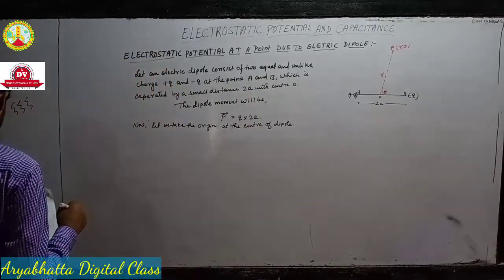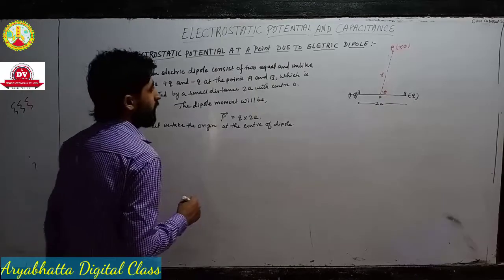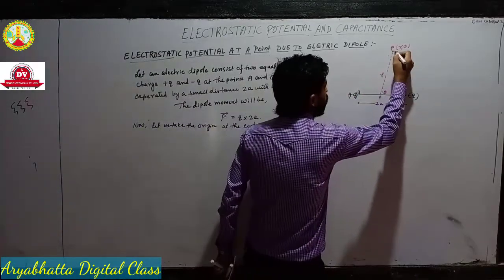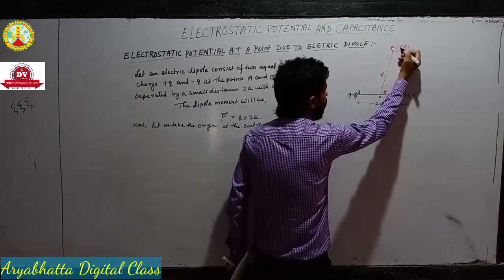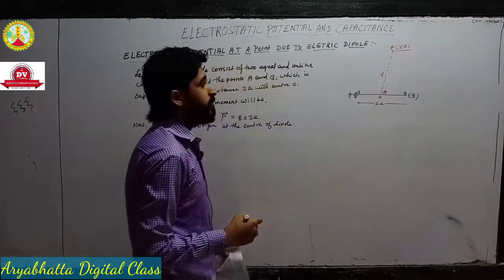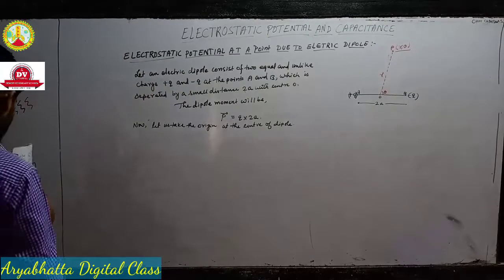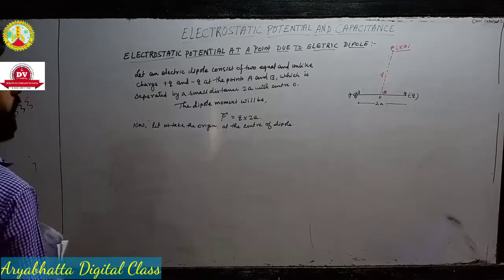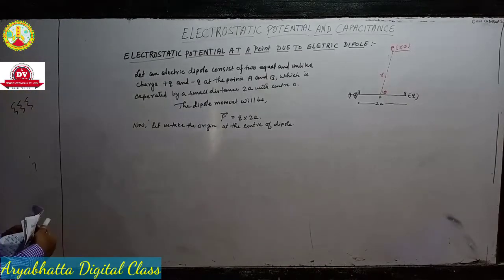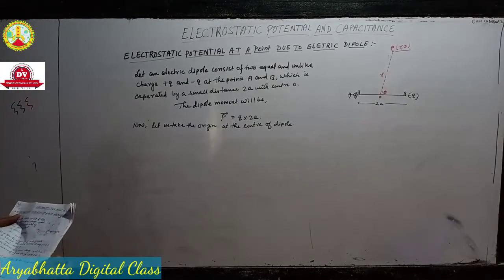So what do we need to calculate here? We need to calculate the electrostatic potential at point P, in terms of r and theta, meaning the answer we should get in terms of r and theta. Is it clear everyone or not? We must get the answer in terms of r and theta. Now see how to find this.